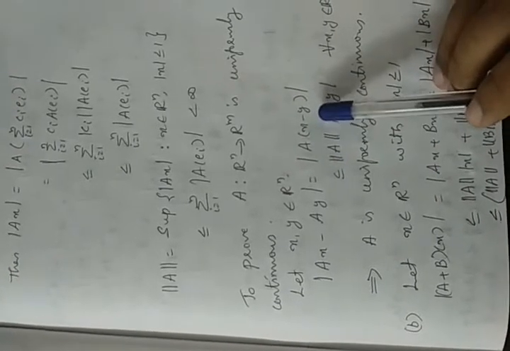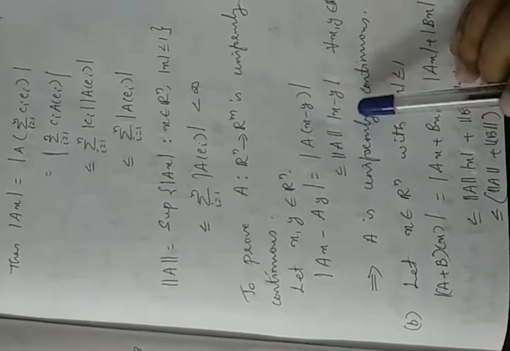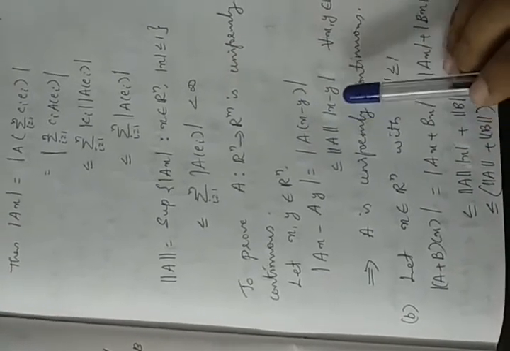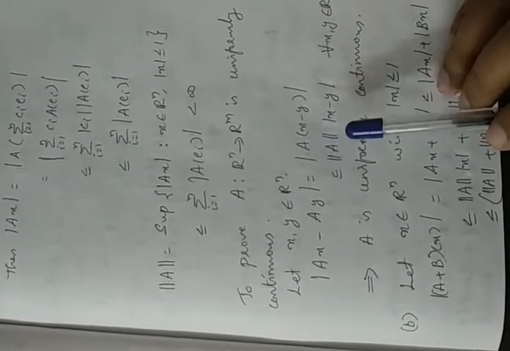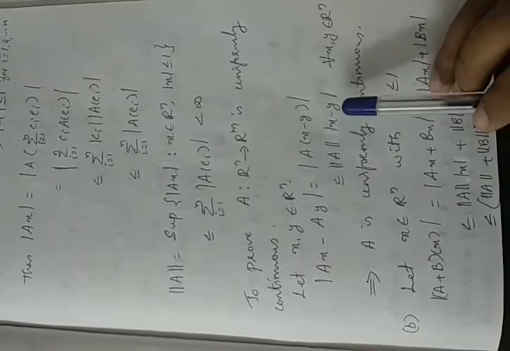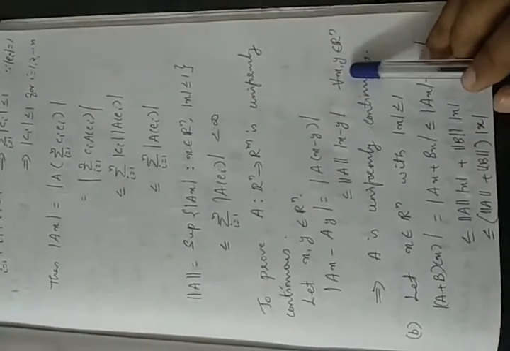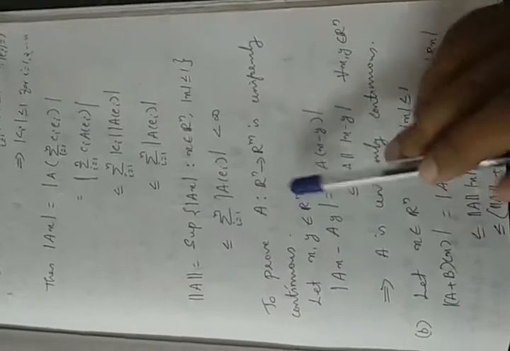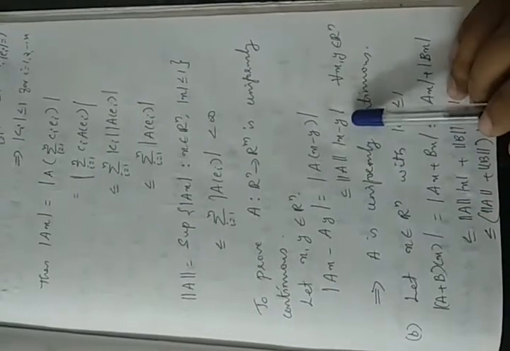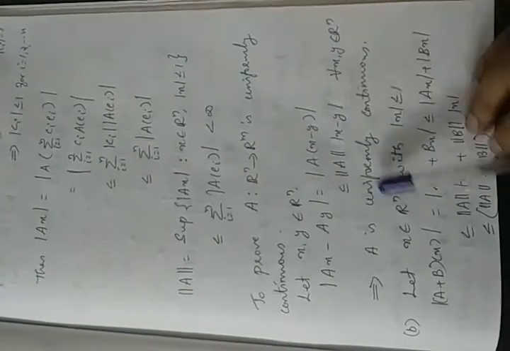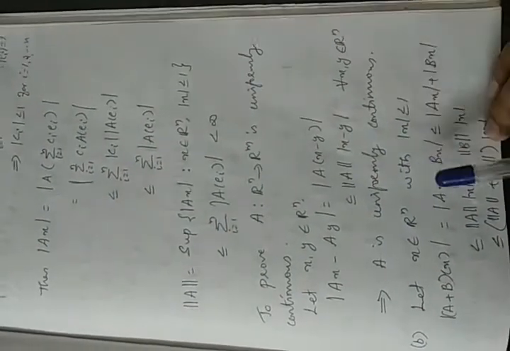And we have proved that modulus of A of x is less than or equal to norm of A into mod x. So, modulus of A of (x minus y) is less than or equal to norm of A into mod (x minus y). And this is true for every x and y in R^n. So, the linear transformation A satisfies the Lipschitz condition, or the Lipschitz inequality. So, this transformation A is uniformly continuous.